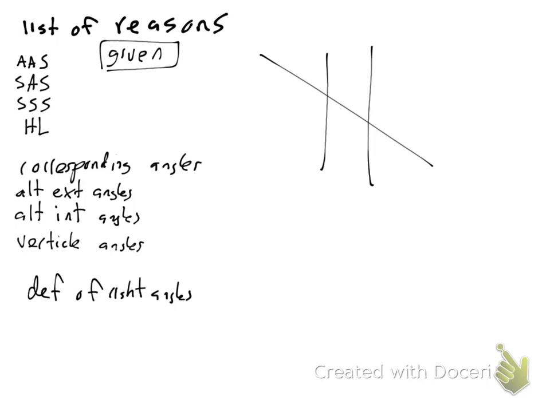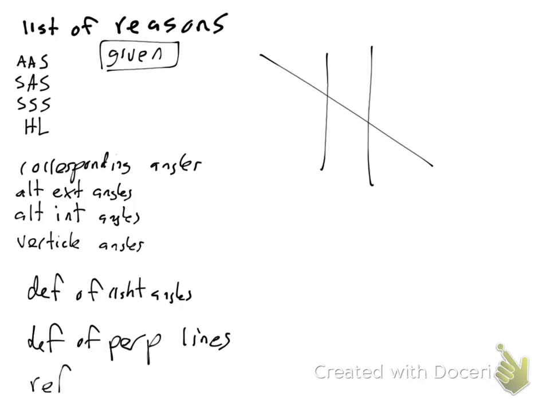We used a couple other definitions yesterday. What was another definition? Definition of perpendicular lines. Good. We're getting there. Definition of perpendicular lines says that two lines meet at 90 degrees or right angles.